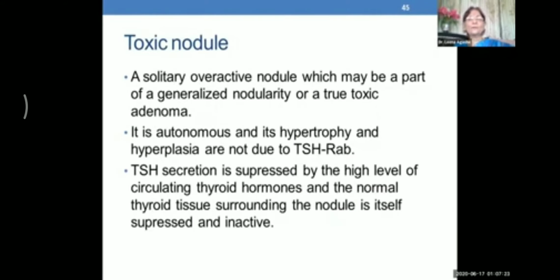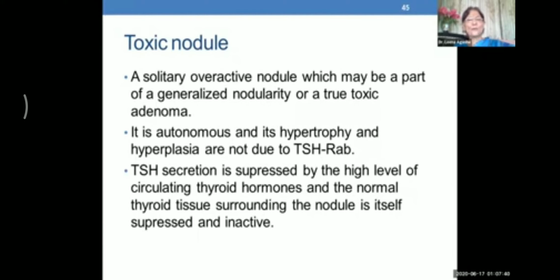The next variety of thyrotoxicosis is toxic nodule. Either there can be a real solitary overactive nodule in the true sense, or it can be a part of generalized nodularity or a true toxic adenoma.